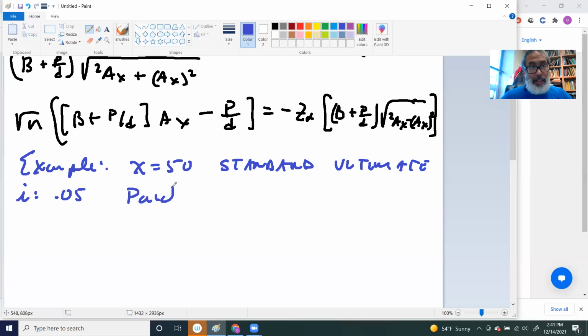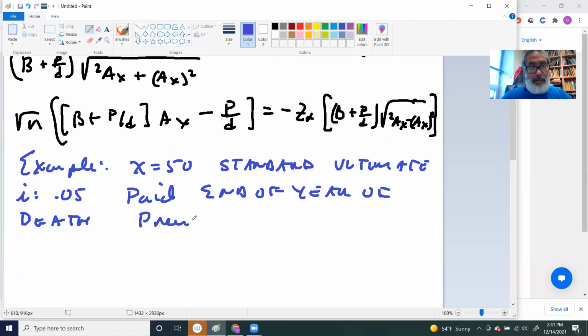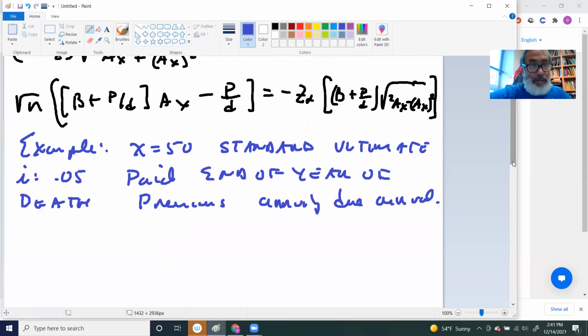Paid at the end of the year of death. Premiums, annuity due, annual. Okay, so pretty standard, straightforward. And let's say the benefit that I have worked out here is $200,000.